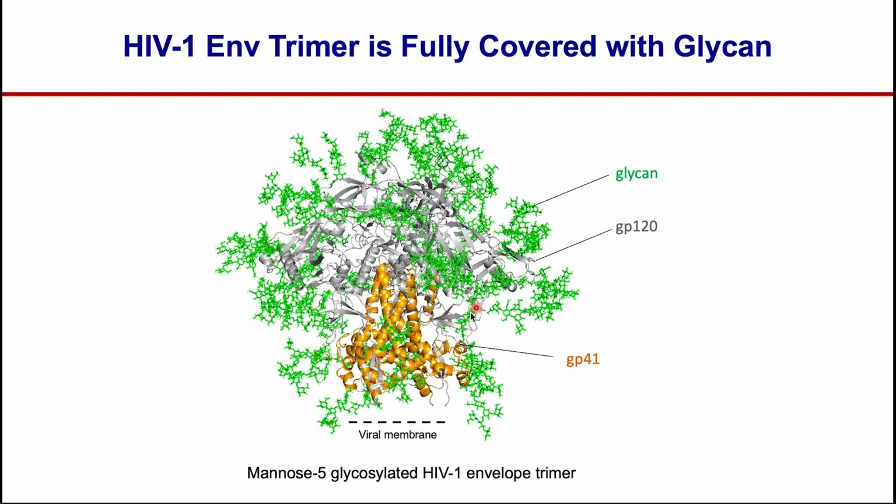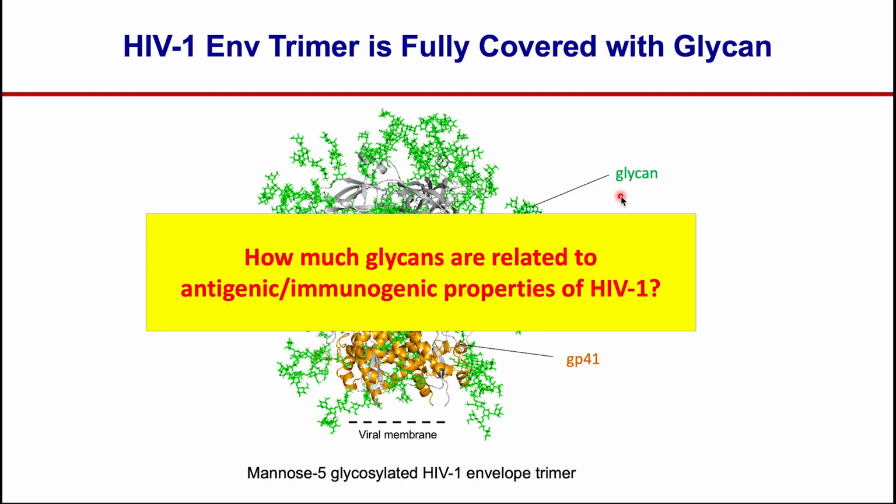This protein structure is highly or densely covered with glycans, colored in green here. When I first saw this structure, I got a question: what is the relationship between the density of the glycan versus antigenic or immunogenic properties of the virus?